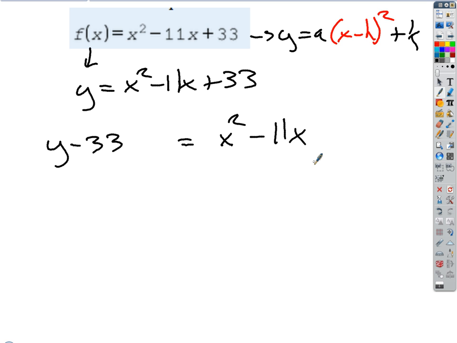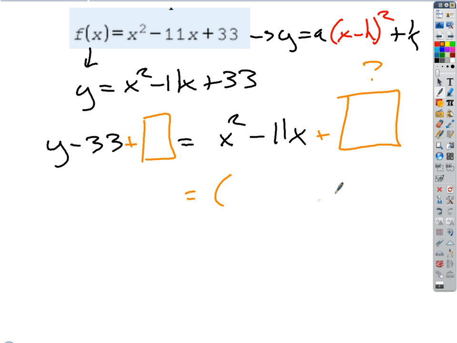Okay, so then the trick is, right, we're going to add to both sides just the right number to create a perfect square trinomial that factors into a perfect square, right? And we even know what that's going to be. We even know what the perfect square is going to be that I build from those two terms.